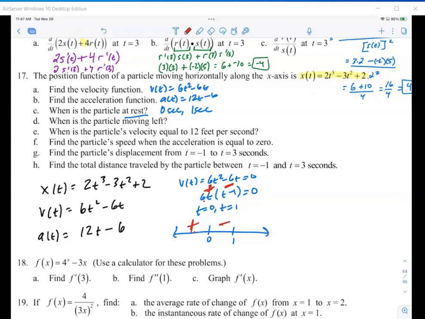Bigger than 1, like 2: 6 times 2 is positive, 2 minus 1 is positive, so it's positive. So moving left or down or whatever would be this part, between 0 and 1 second. Moving right or up would be the plus parts.